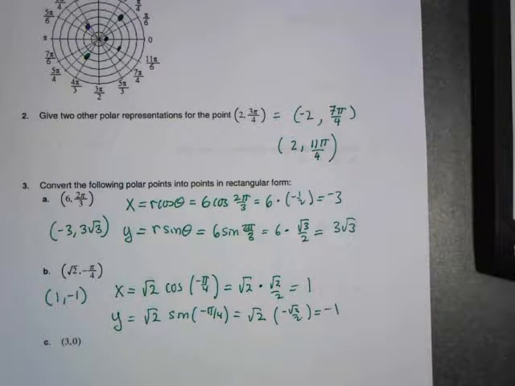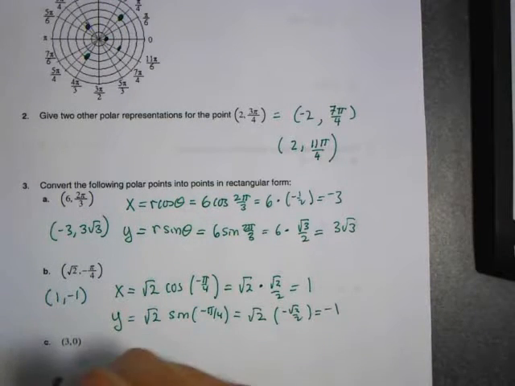All right, how about C? That's not that hard at all. What's the answer? It's 3 and 0. It's exactly the same.